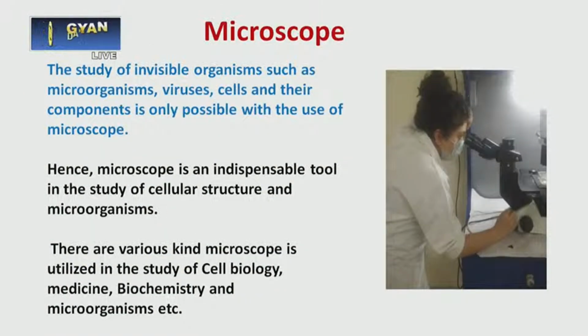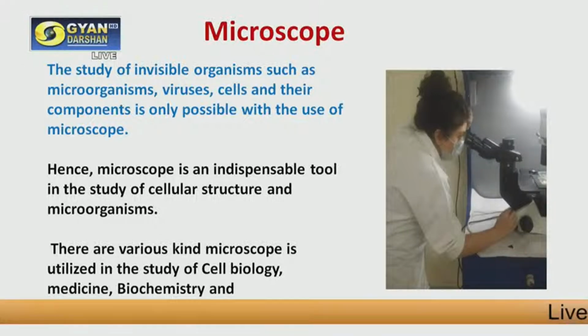So we need an instrument like a microscope that enables us to see the little things that cannot be seen by the human eye. Today in science, especially in biochemistry, microbiology and biotechnology, we use the microscope.